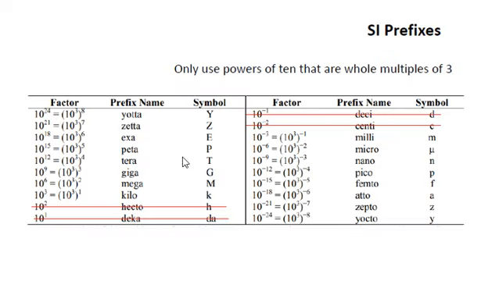So we go back to this table, and we look at the zeros, and we found 12 of them. So base is 10 to the power 3, so the first 3 gives you tera. So your prefix is tera. So that's altogether 12 zeros.